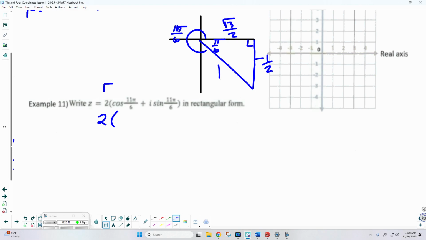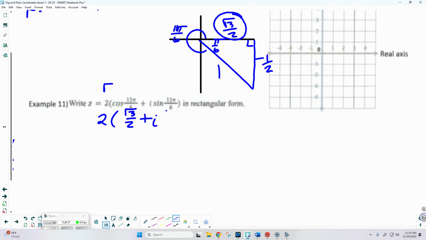What's the x length in my triangle? Remember, what's the x value of my triangle? Or cosine is the x. Square root of 3 over 2.